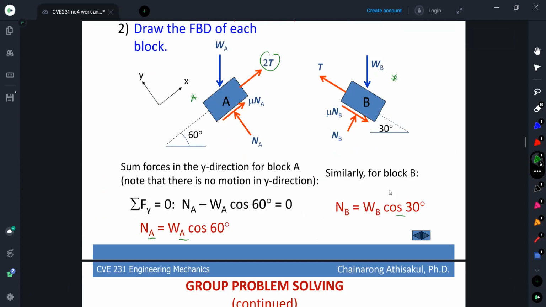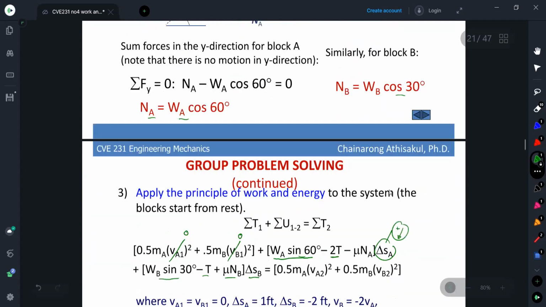We assume that the friction is up because we set downward as positive.